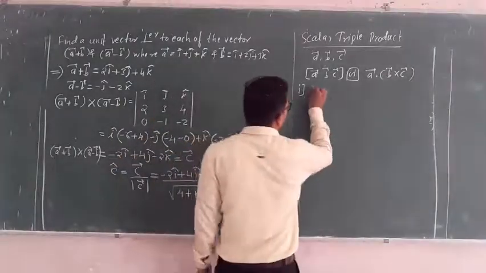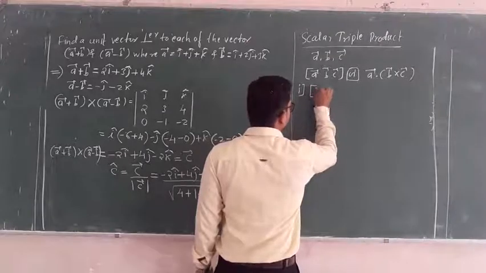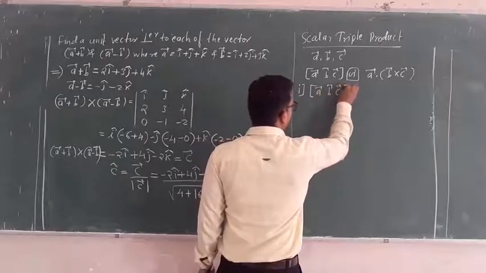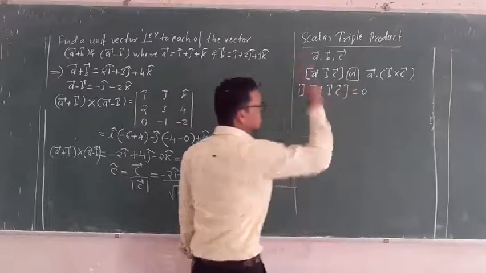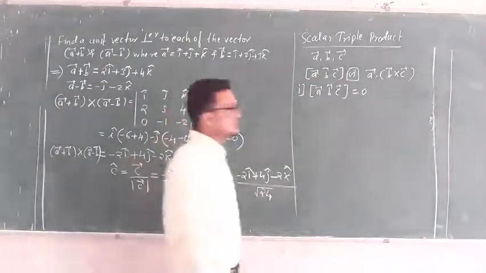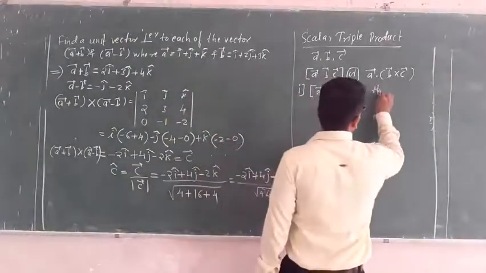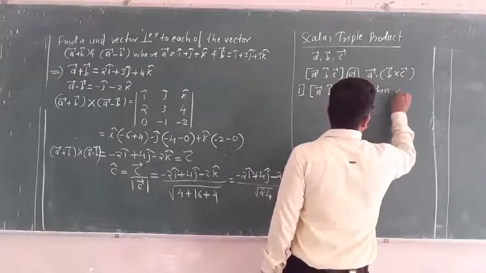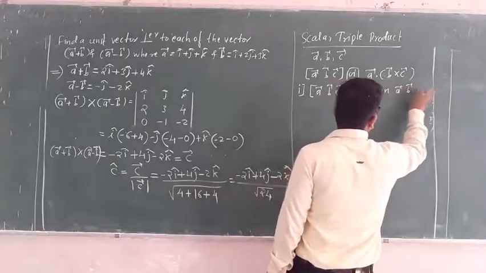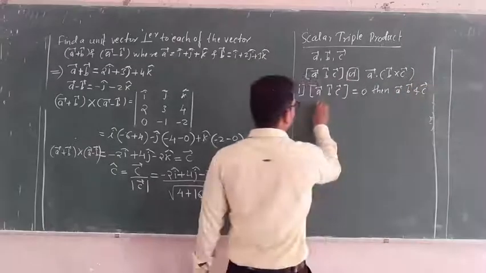So the first property is: if the scalar triple product of A, B, C is 0, then vectors A, B, and C are coplanar.